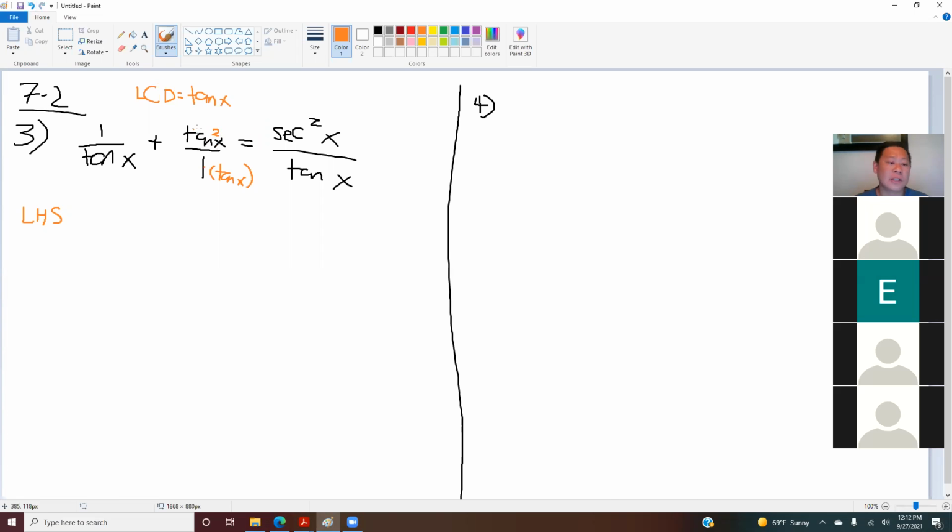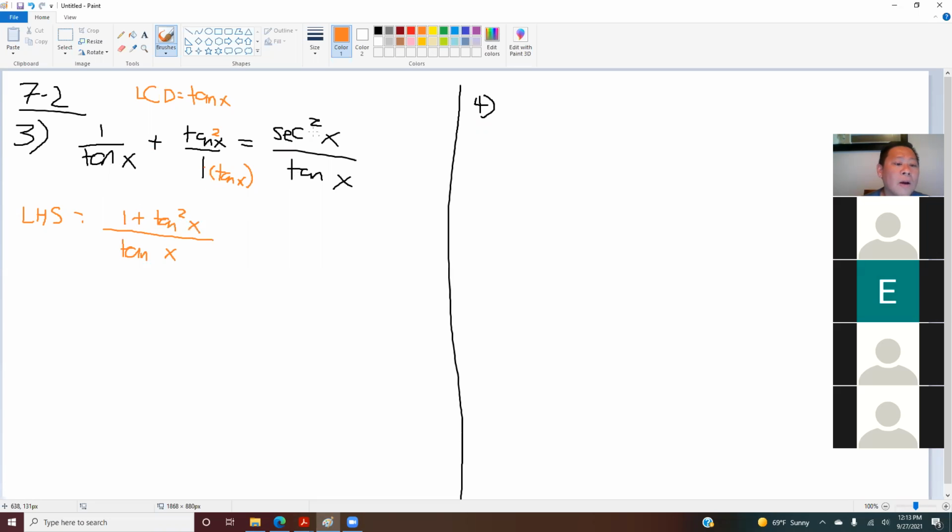Tangent times tangent is tangent square x. This is what you need to do first, and this is the hint: when you see addition or subtraction with fractions, you find the LCD, the least common denominator. Since they are the same, we have tangent x here, and this one is 1 plus tangent square x.